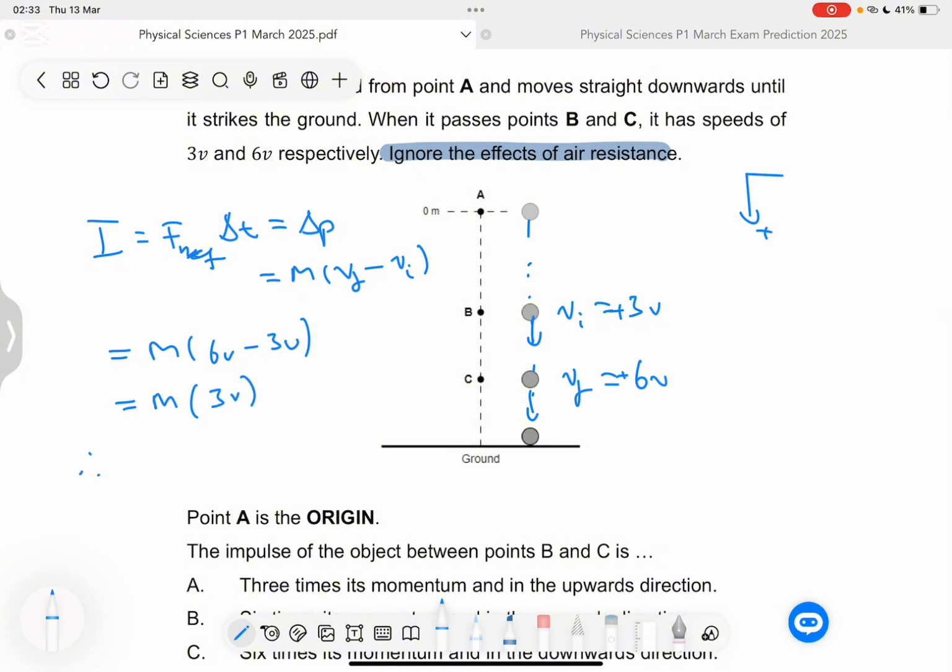At the end of the day, the impulse is equal to 3mv. And we know that mv is actually the momentum. So this means that we're going to have 3p. So the impulse of the object between points B and C is 3 times the momentum of the object.